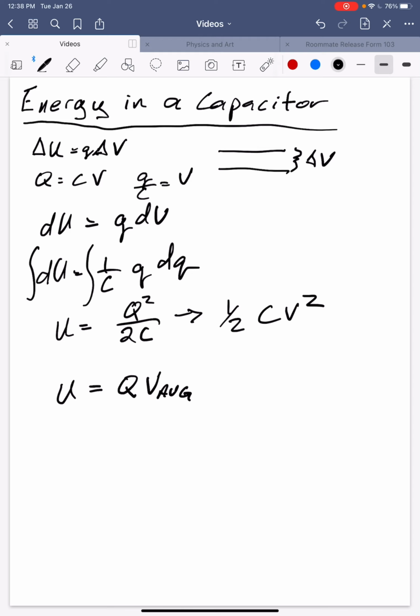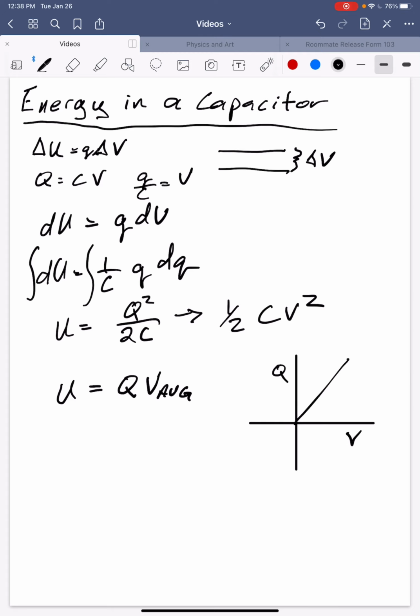And in that case, the average potential, if I think about the potential as a function of Q, would give us this triangular relationship. So I would say that I now have Q and V, and I have a linear relationship.